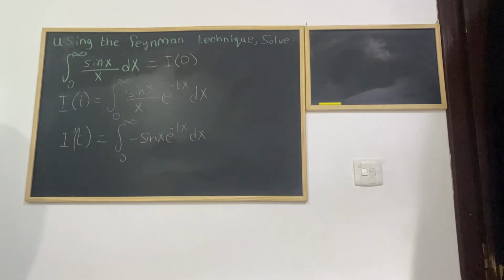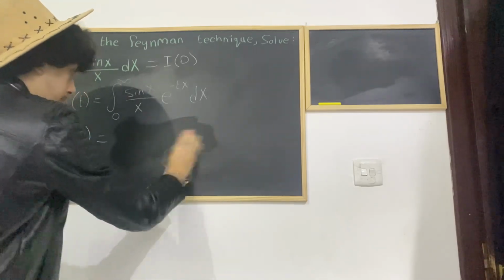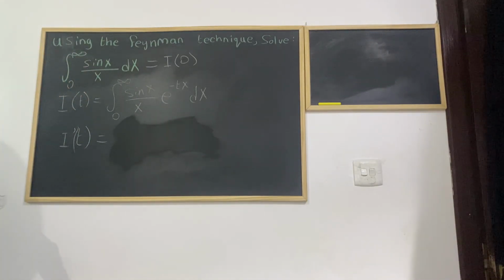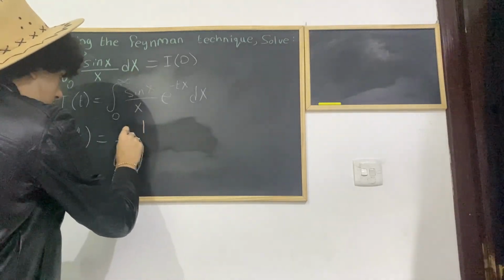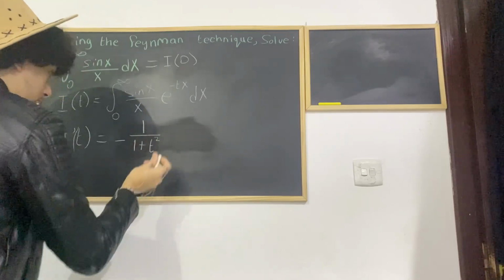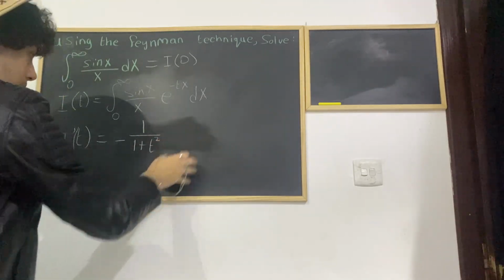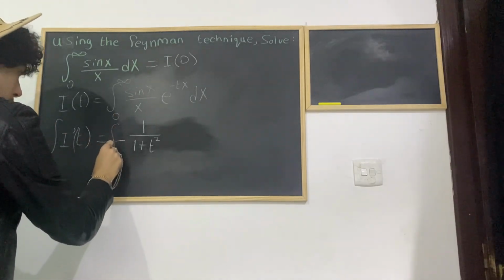Now we can actually integrate this using integration by parts. So if we integrate this using integration by parts, we're going to get that I dash of t is equal to negative 1 over 1 plus t squared. There is a plus c here, but we're not going to need it because we're going to integrate both sides.